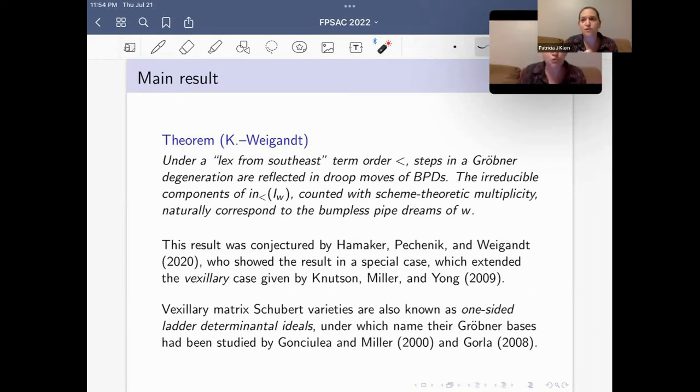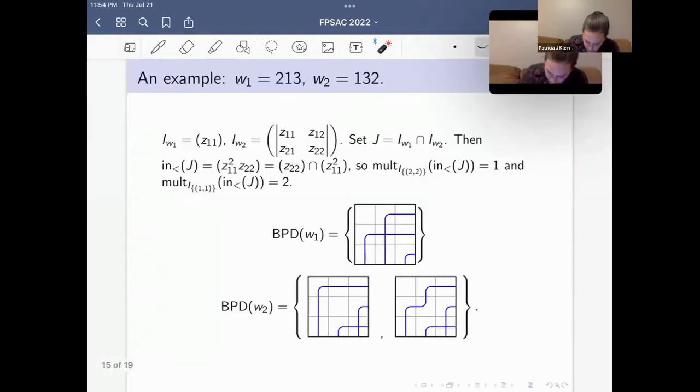So droop moves reflect steps in a Gröbner degeneration. The theorem is actually also true for these intersections of Schubert determinantal ideals. And I'm going to choose this example in order to showcase how multiplicity works.